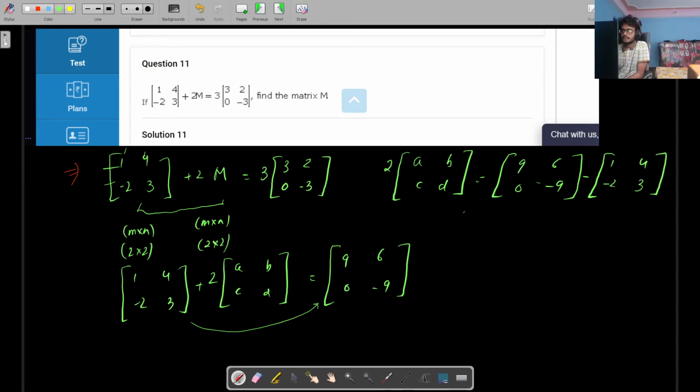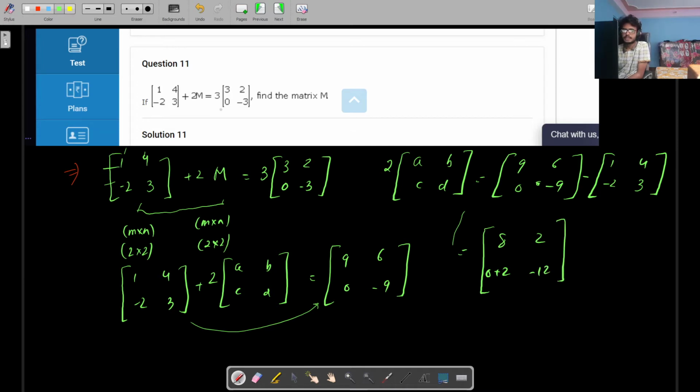So forget about this side, let's solve the right hand side. So 9 minus 1 is 8. 6 minus 4 is 2. 0 minus of minus 2 is 0 plus 2, that is 2. Minus 9 minus 3 is minus 12.